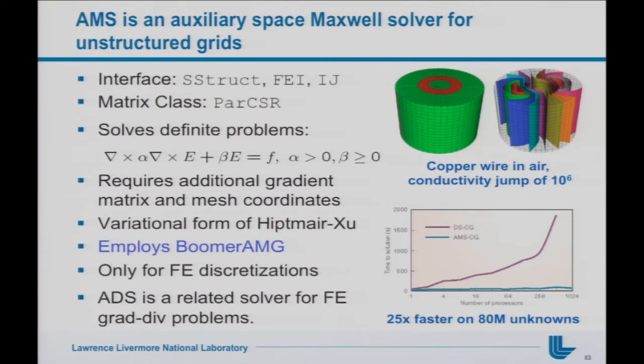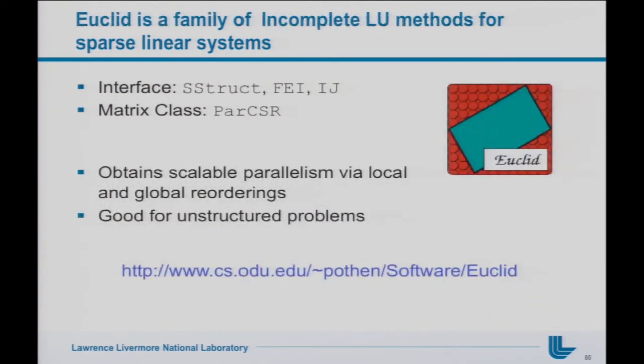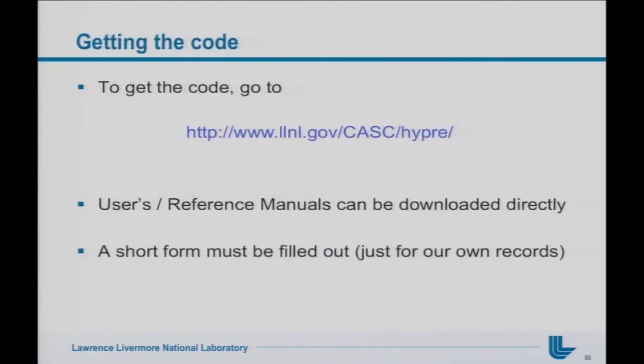This is for definite Maxwell problems. So this curl problem here with an edge element discretization works very well. It actually calls BoomerAMG underneath the hood. And we also have non-multigrid methods, such as sparse approximate inverse solvers, as well as parallel ILU methods.